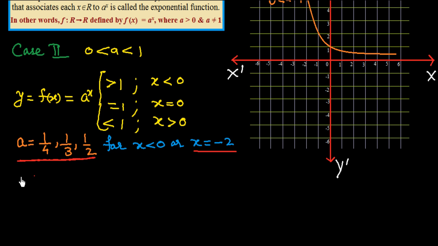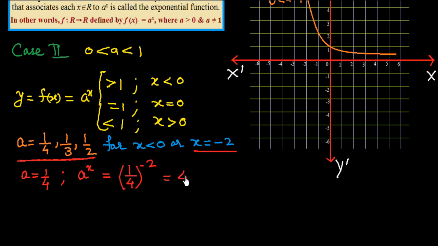If we are taking a is equal to 1 by 4, then a power x is equal to 1 by 4 power minus 2, because x is minus 2 and a is 1 by 4.